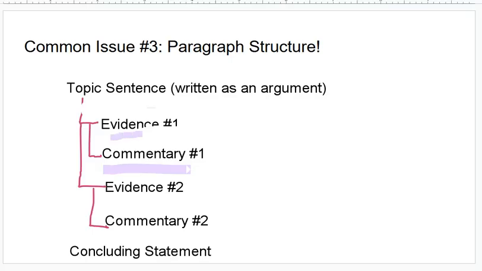Like you should have transitions moving your reader between sentences in your evidence. You should have transitions moving between sentences in your commentary. But ultimately, I want to make sure that we all understand that when we talk about having clear organization, this is what we're looking at.